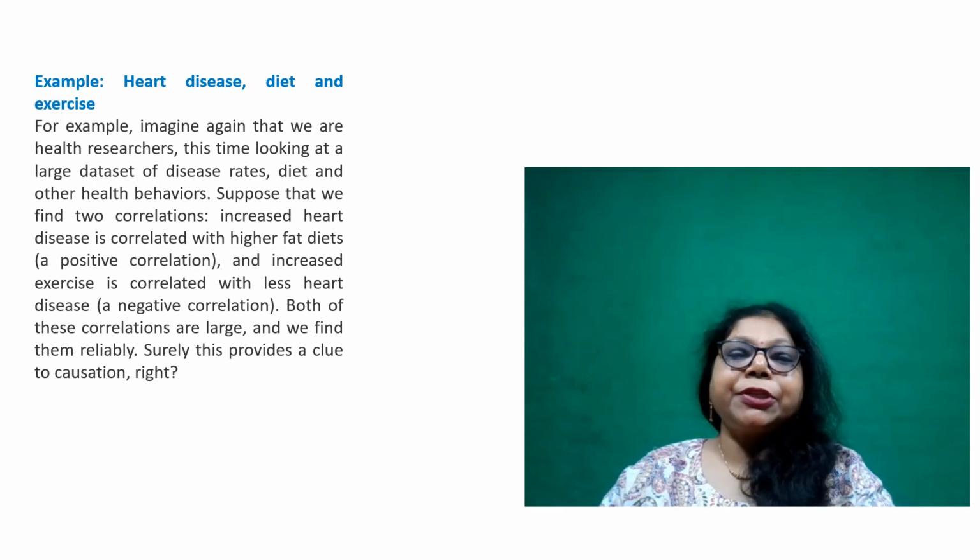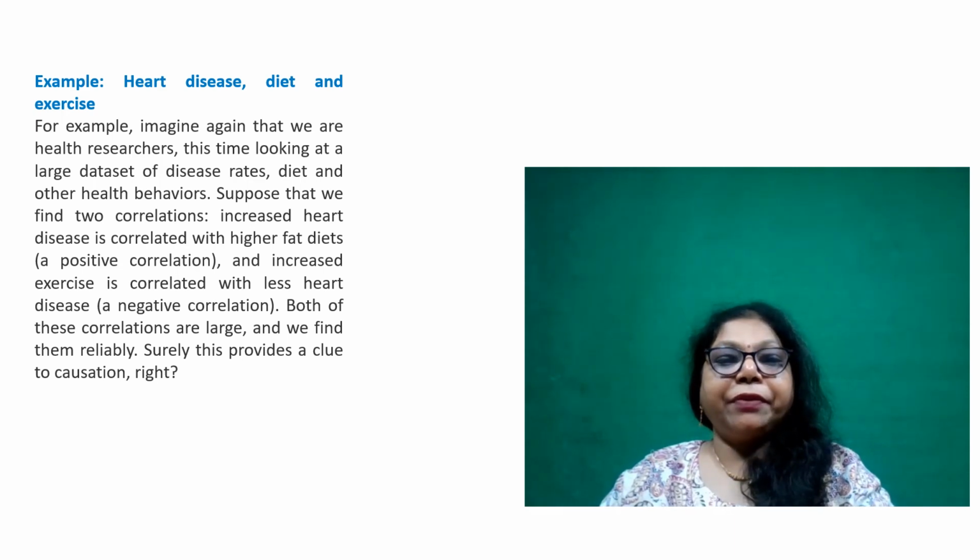Now, all these pieces of evidence fit together into an explanation. Higher fat diets can indeed cause heart disease, and the original correlations still stood as we dove deeper into the problem, that high fat diets and heart disease are linked.